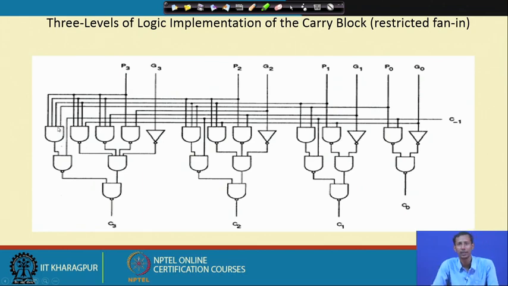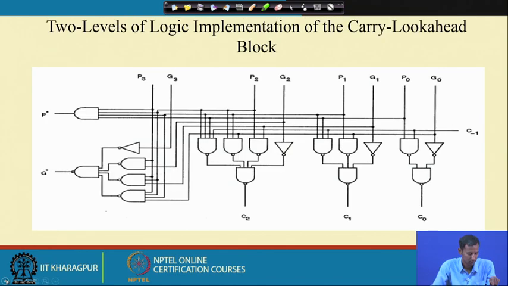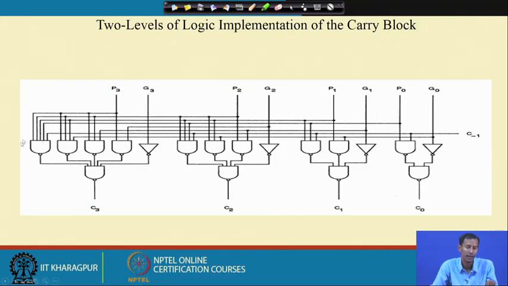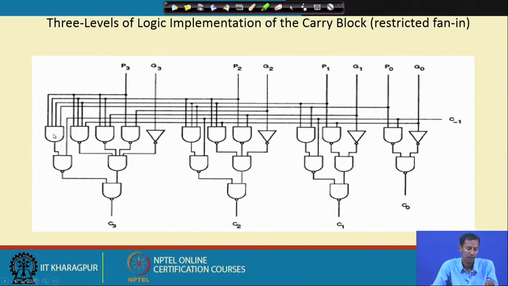Initially it was only one gate, but here it is 2 gates: one 4 input AND gate, then one 2 input NAND gate.